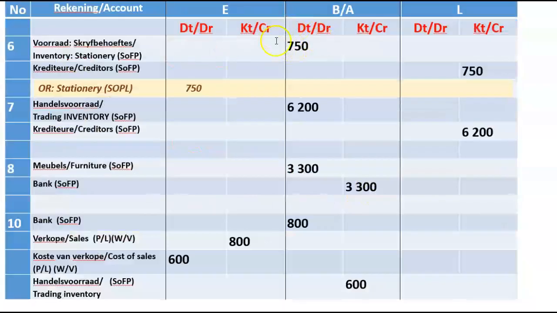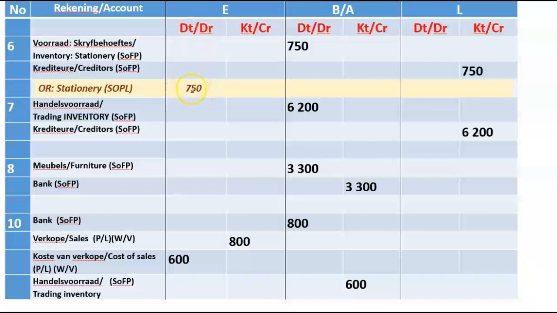But remember what I've told you here. I said, well, if you didn't debit the inventory account, you could have debited an expense account. If you follow this route, it means how much did we use in the current month? We've used only 250 Rand worth of stationery.